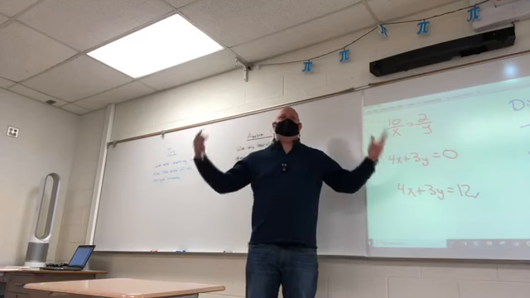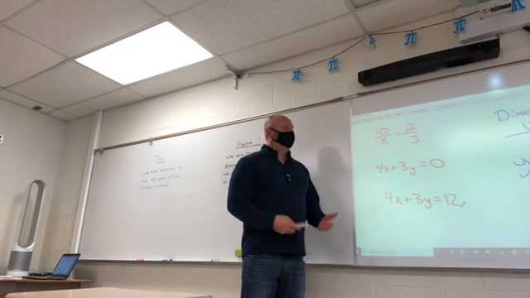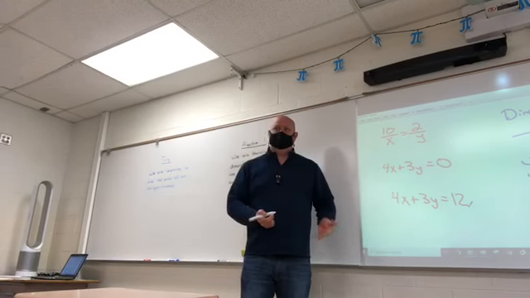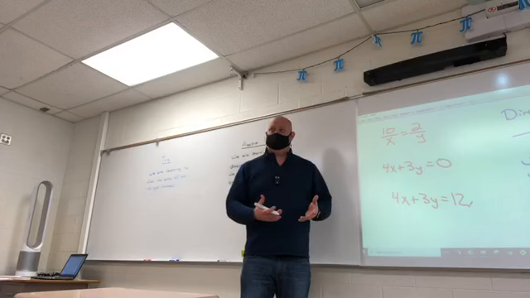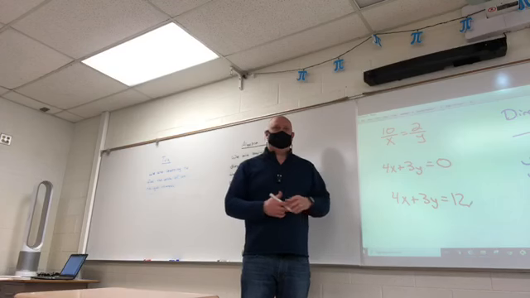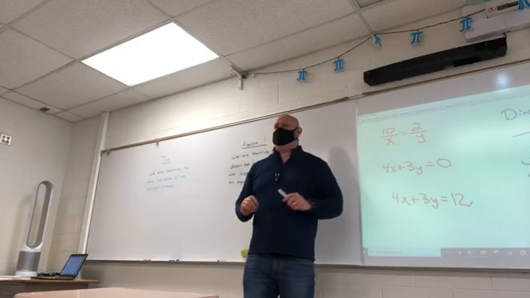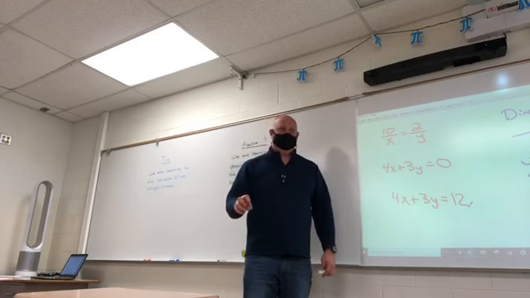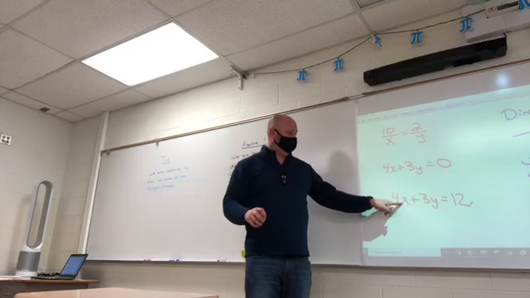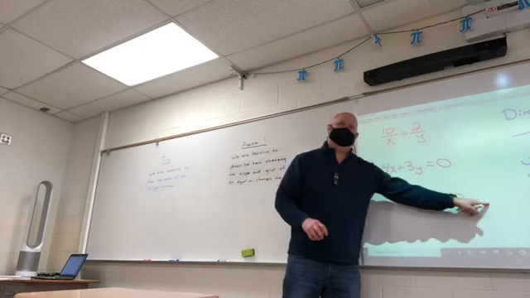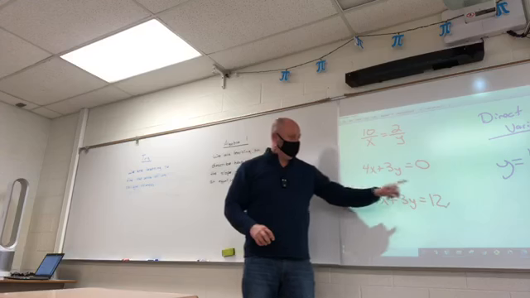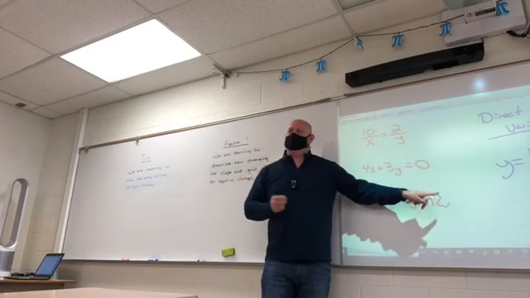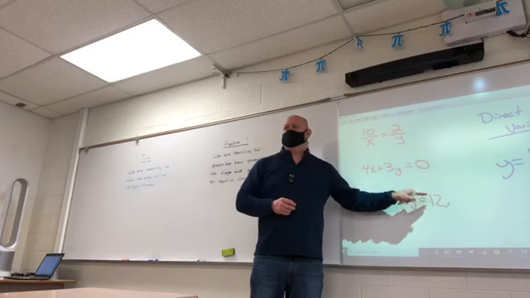Which is the only one that has a number that's not connected to an x or a y? That has a constant. What's the only number that, if I tried to put it in y equals mx plus b, would have a b value? What part of this makes it not a direct variation? The 12. That 12 is not connected to an x or a y. This one is not direct variation because of that 12.